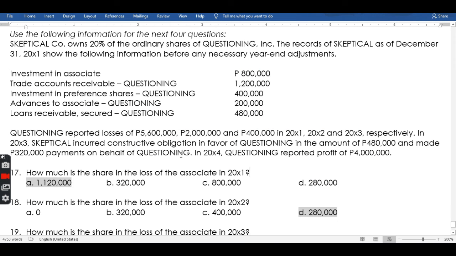Ano pa ang next na nangyari? Ang next na nangyari, in addition doon sa nangyari na, ang ginawa mo pa, nag-incur ka pa ng constructive obligation na 480,000. Okay? At nagbayad ka ba ng 320,000 noong 20x3? Okay?